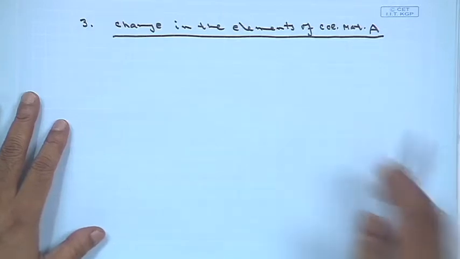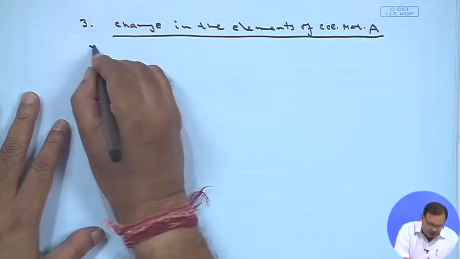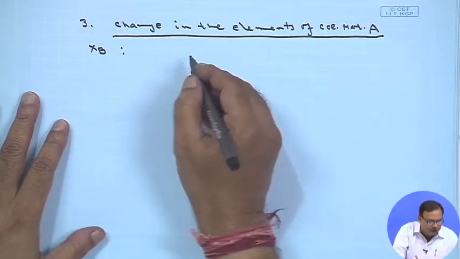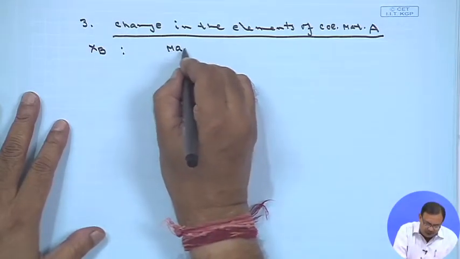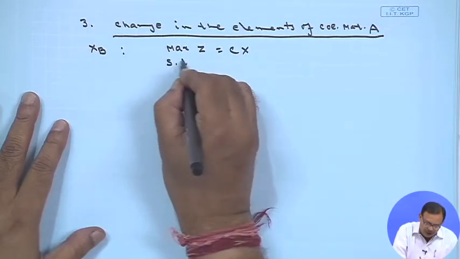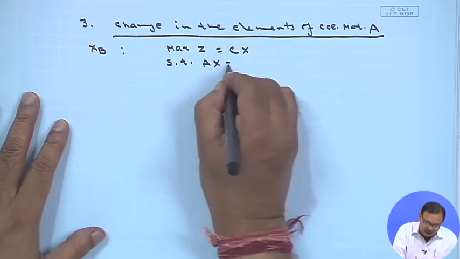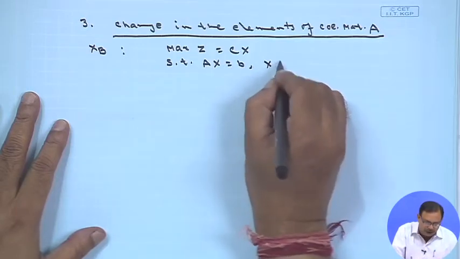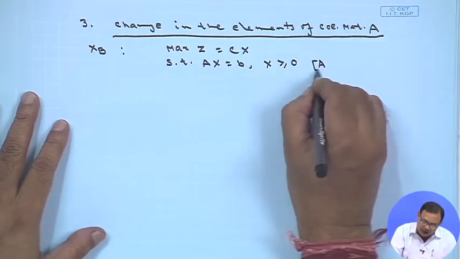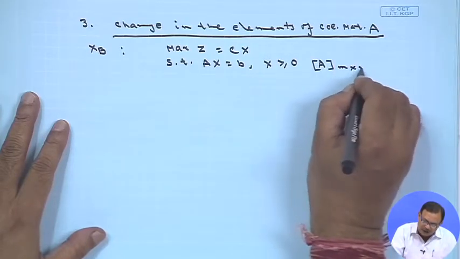So, again we are assuming that x B is the optimal basic feasible solution of the problem: maximize z equals c x subject to A x equals b, x greater than or equal to 0, where A is an m cross n matrix.